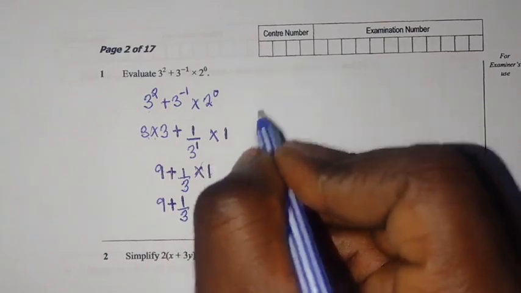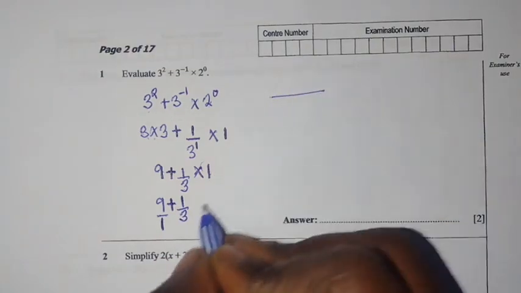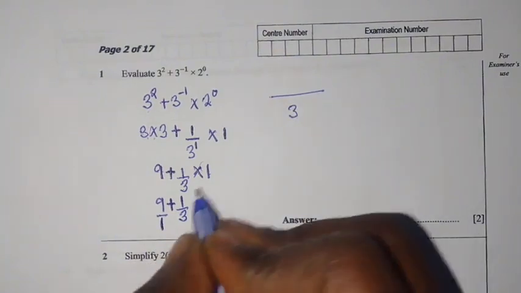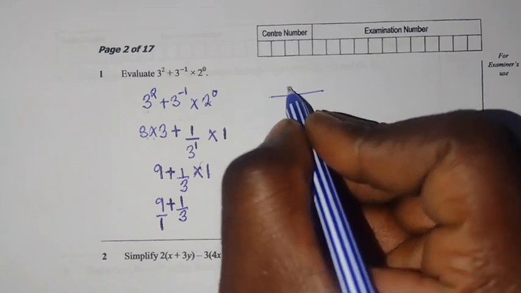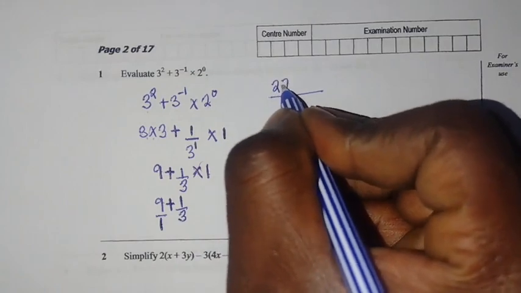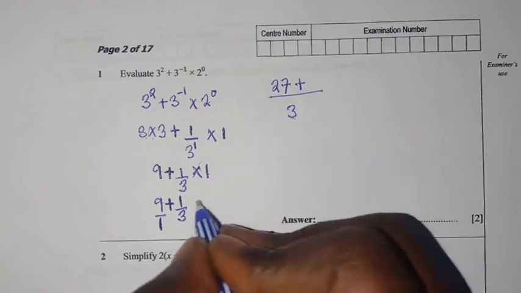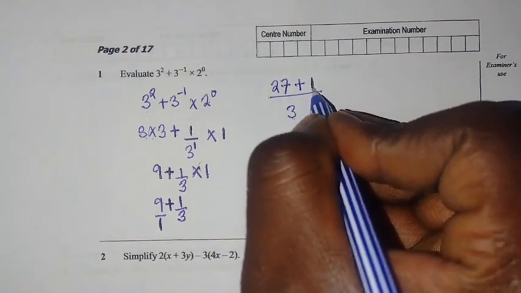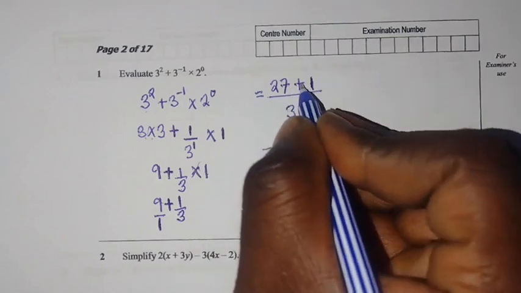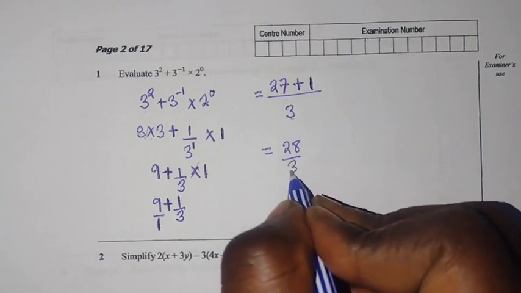Then from here, we can divide this by 1. Then we find the common denominator for 1 and 3, which is 3. So this 1 into 3, you get 3. So 3 times 9 gives us 27, plus 3 into this 3, it's 1, and 1 times 1 is 1. So we are going to have 27 plus 1, which gives us 28 over 3.